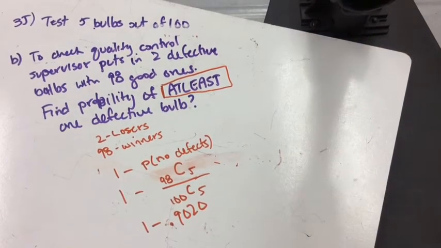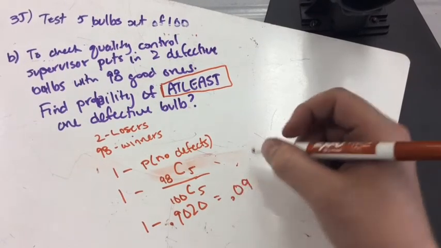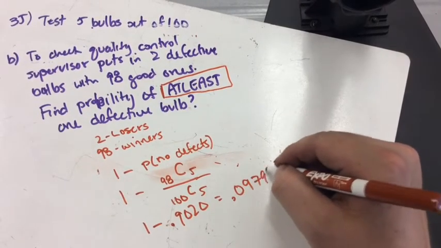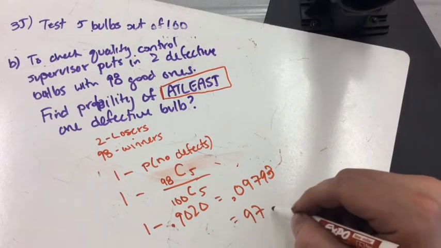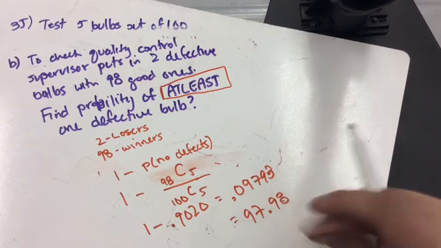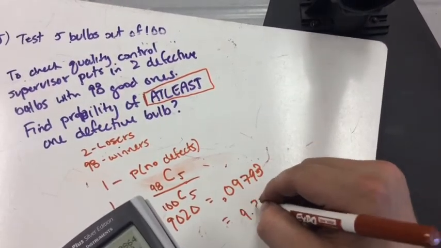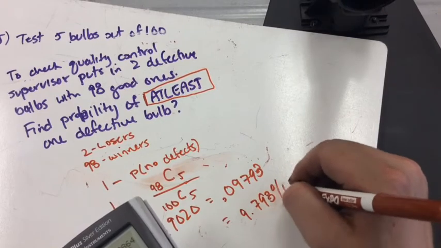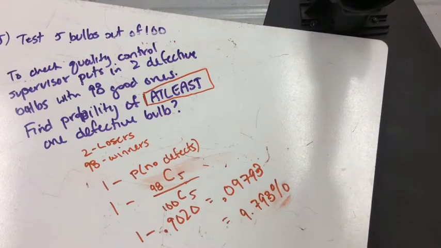So 1 minus 0.902020 repeating gives us a grand total of 0.09798, so there's a 9.798% chance that we'll get at least one of the defective bulbs.